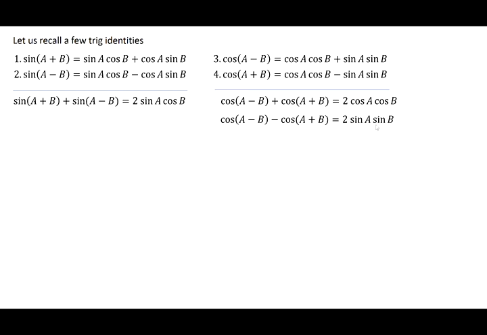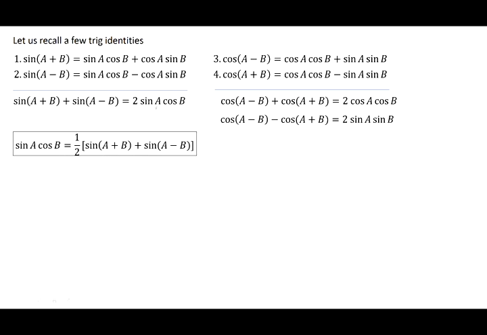Okay? Now, these 3 results are important because from them we can glean these particular nuggets of wisdom, which is sine a cosine b based on this is 1/2. I'm dividing both sides by 2. 1/2 of this stuff, sine of a plus b plus sine of a minus b. What is that?